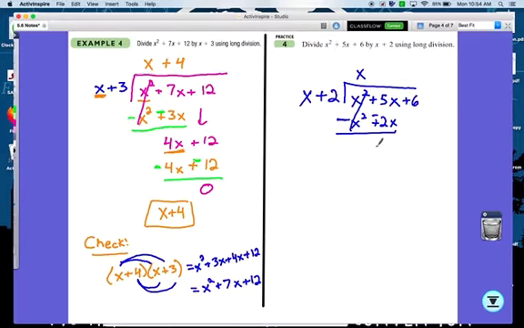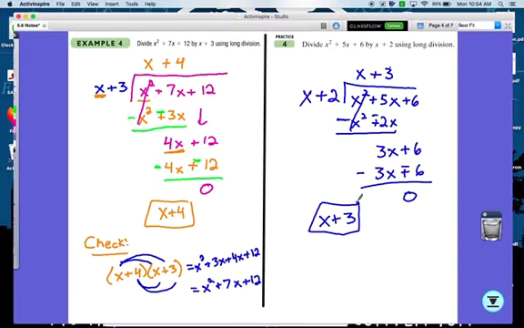Those cancel out. I get 3x plus 6. I need to have a 3, so plus 3. 3 times x gives me 3x. I'm trying to get rid of that term. And 3 times 2 gives me 6. Come through and subtract. That goes to 0, so my answer is x plus 3.